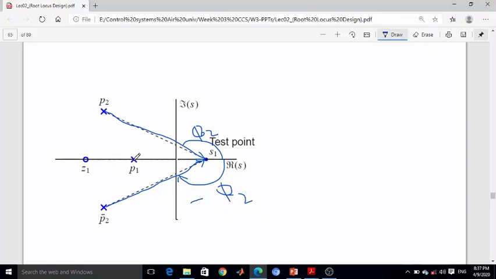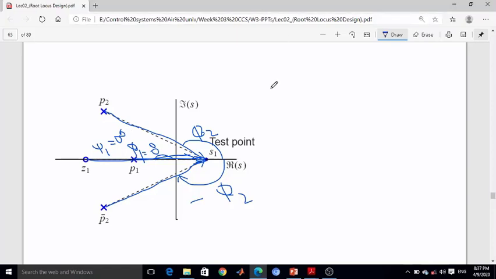Okay, if we draw a vector from this pole to the point, you will have this vector, and the angle of this vector is actually 0 degrees. So phi 1 is 0, and if we plot a vector from this zero, it also has psi 1 equal to 0 degrees.